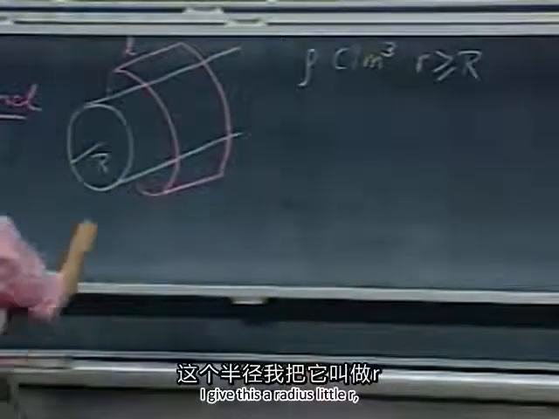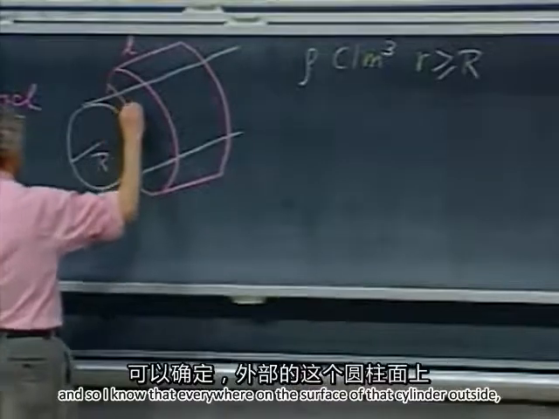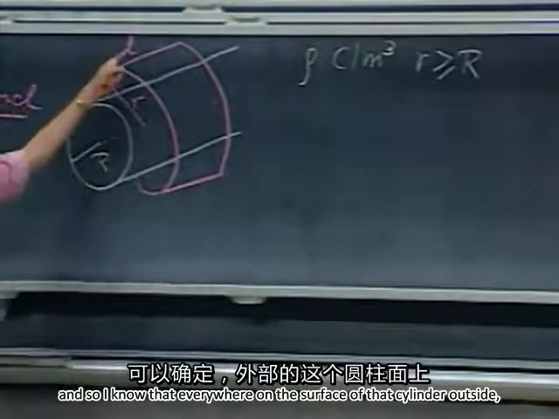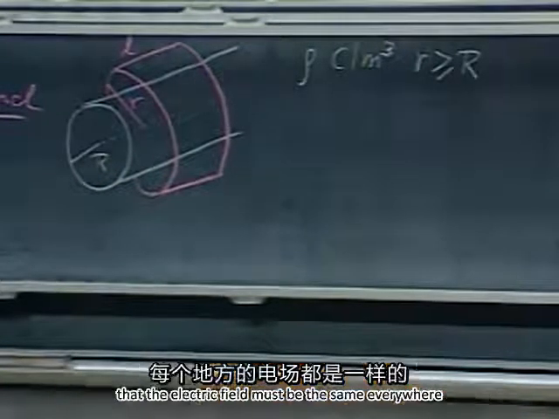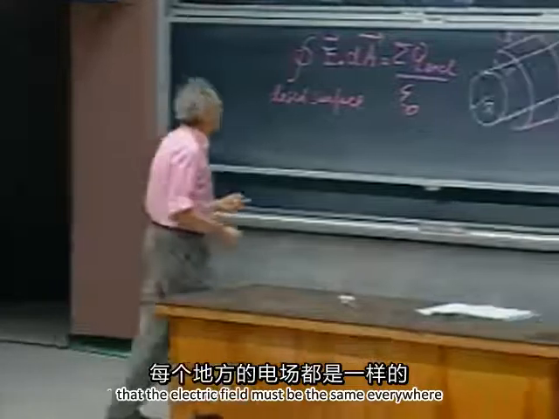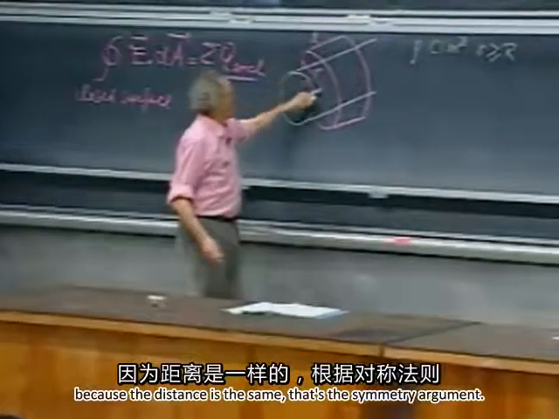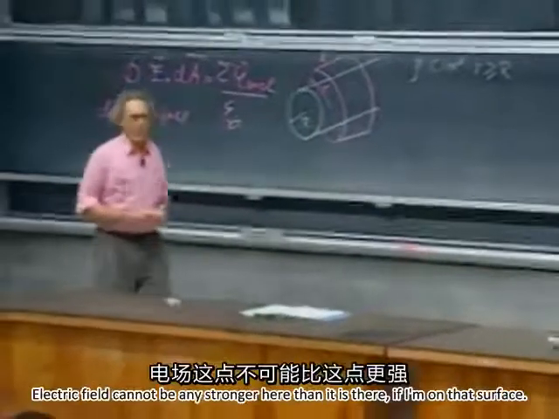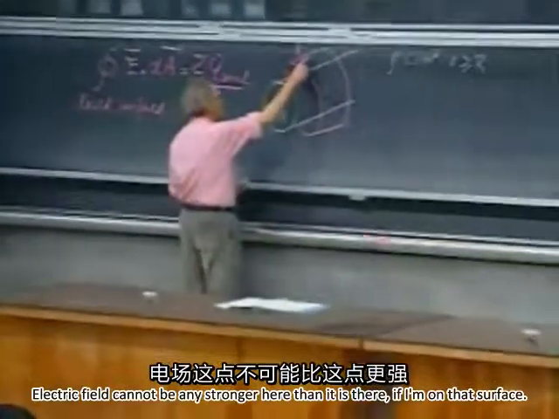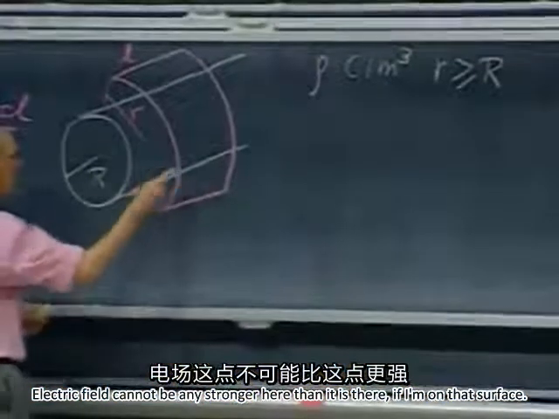I give this a radius little r. And so I know that everywhere on the surface of that cylinder outside, the electric field must be the same everywhere because the distance is the same. That's a symmetry argument. Electric field cannot be any stronger here than it is there if I'm on that surface.